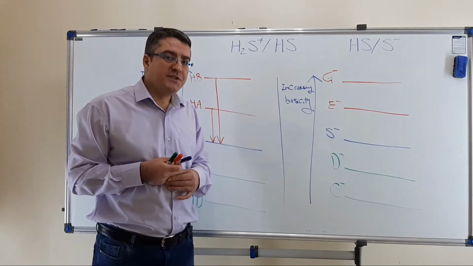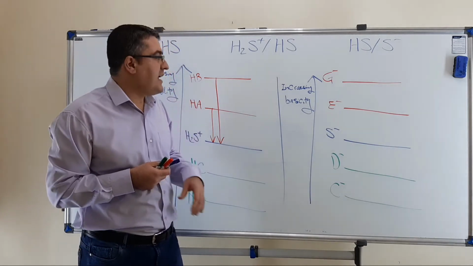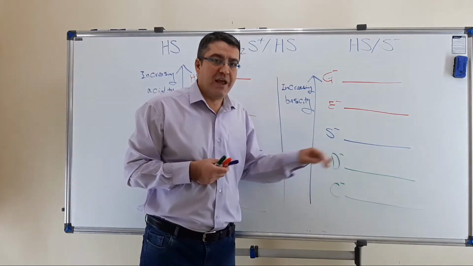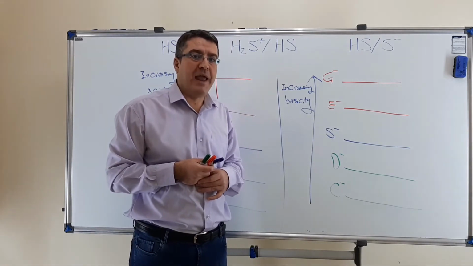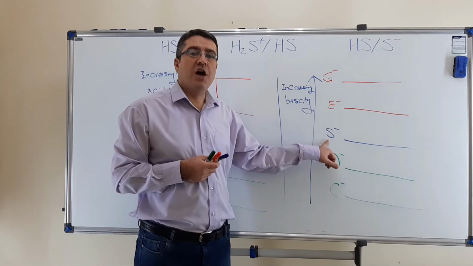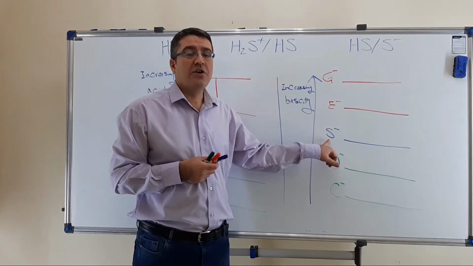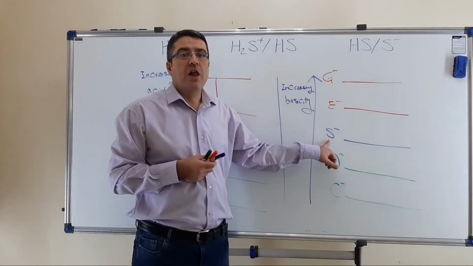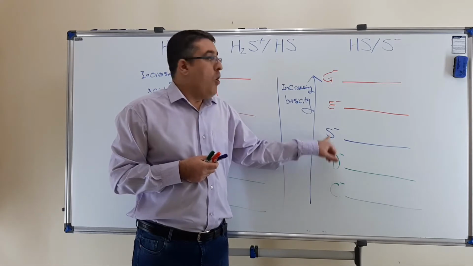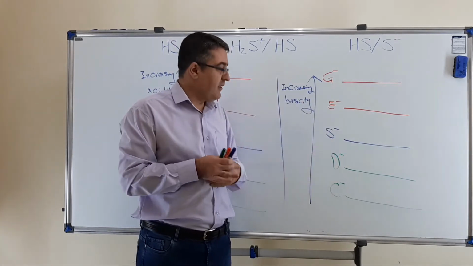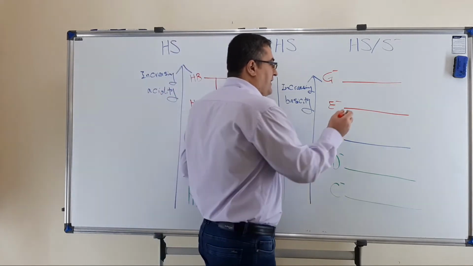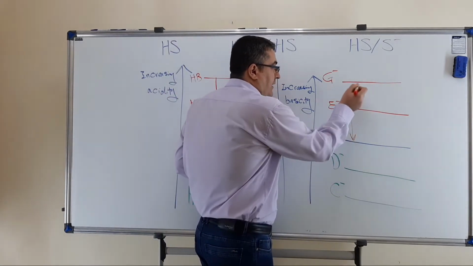Based on discussions like these, we can say that in the solvent HS, we can't have any base stronger than the conjugate base of the solvent, the lyate anion of the solvent. All bases stronger than the conjugate base of the solvent are leveled to the conjugate base of the solvent.